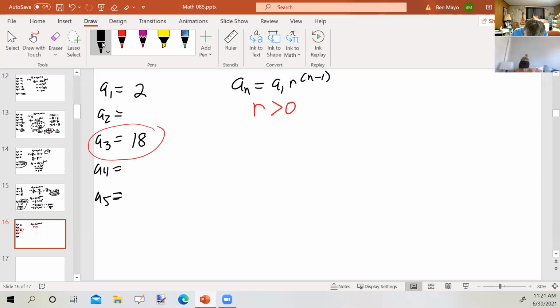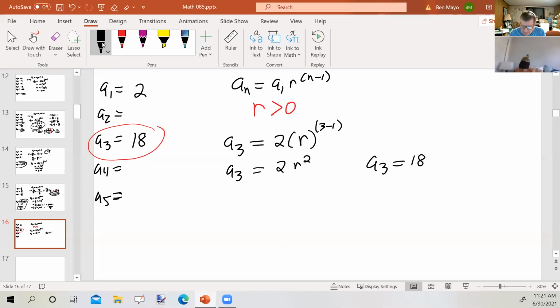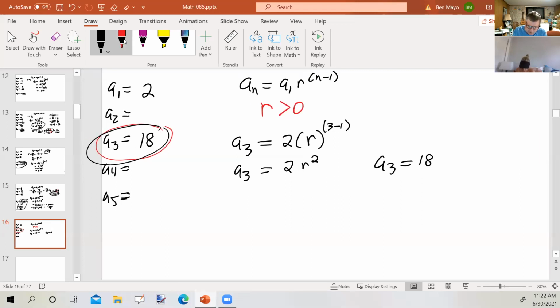We can say a sub 3 equals a sub 1, which is 2, times r, we don't know what r is yet, to the 3 minus 1 power. Or we could say a sub 3 equals 2r squared. But we also know that a sub 3 equals 18. That's given.